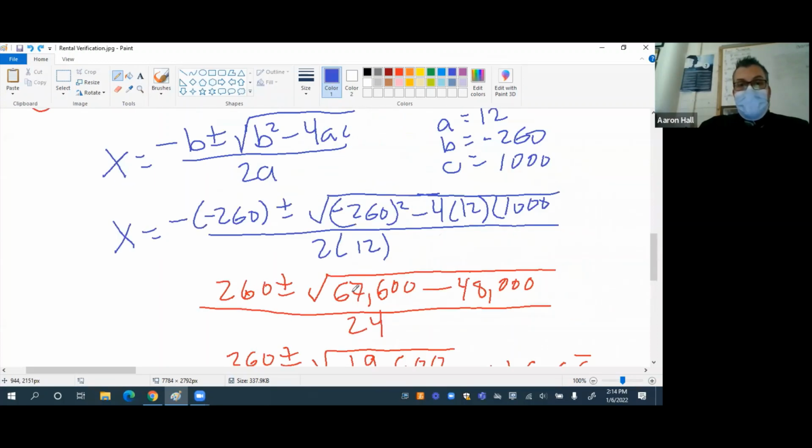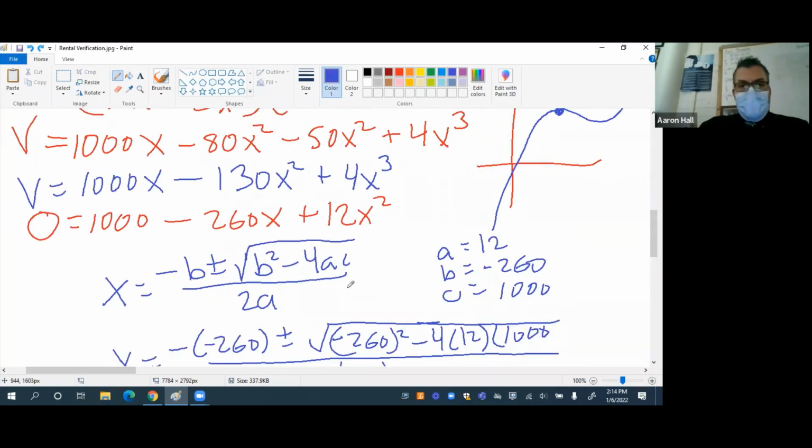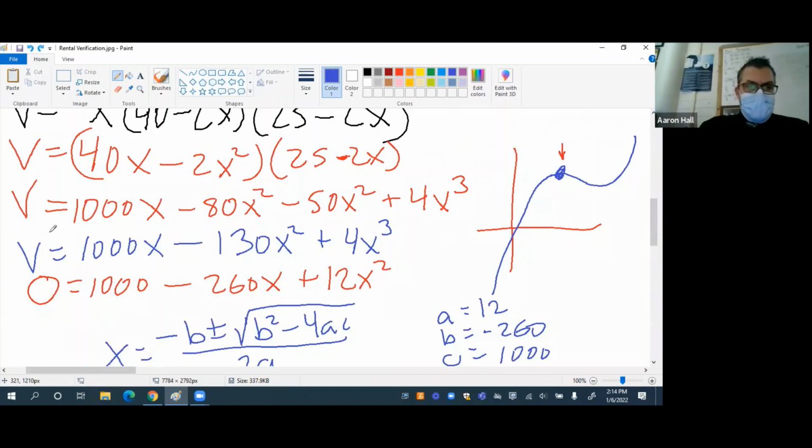So how do I figure out, actually, let me just import our equation. I'm sorry, I should have said this was V prime. Uh-oh, no, that's not V prime. This was V prime right here.